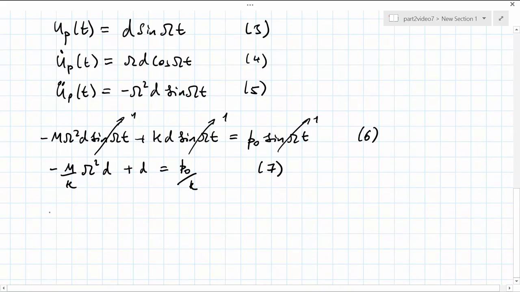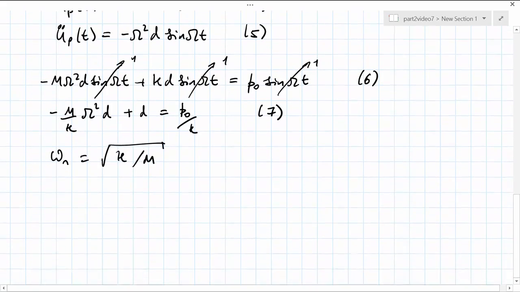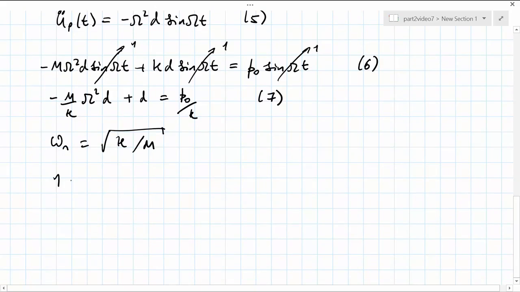As we've noted before, the natural frequency, which this time we will call omega n to distinguish it from any other omegas, is equal to the square root of k over m. So equation 7 now becomes 1 minus 1 over omega n squared times capital omega squared, all times D, equal to P0 over k.